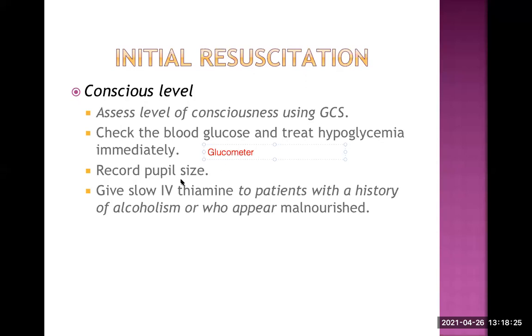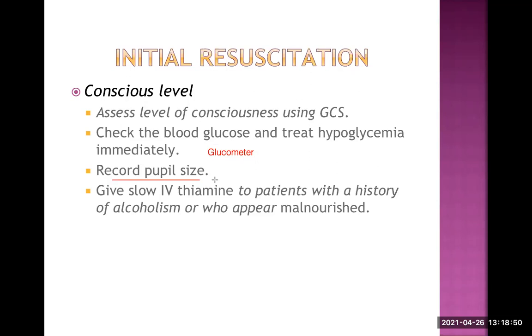Record pupil size. Okay, pupil size should be recorded, whether they are widely dilated or are they of the same size. For example, the pupil is widely dilated on one side, but it is normally reacting on the other side and the patient is in coma. What does that indicate? The pupil is only dilated on one side. What does that indicate?